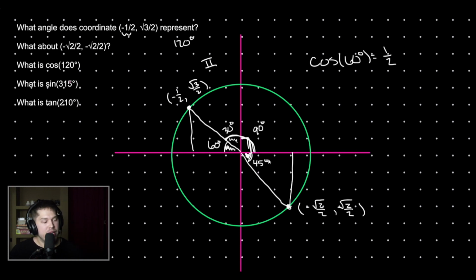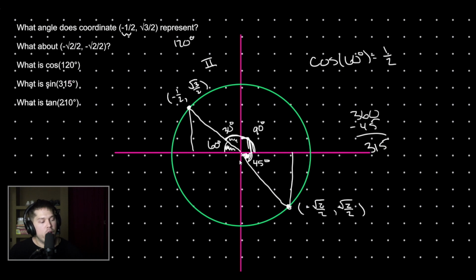Well, quadrant 4 is maybe a little bit simpler. We know a full circle is 360 degrees, and we're 45 degrees short. So we're going to subtract 45 degrees from 360, and we get 315.